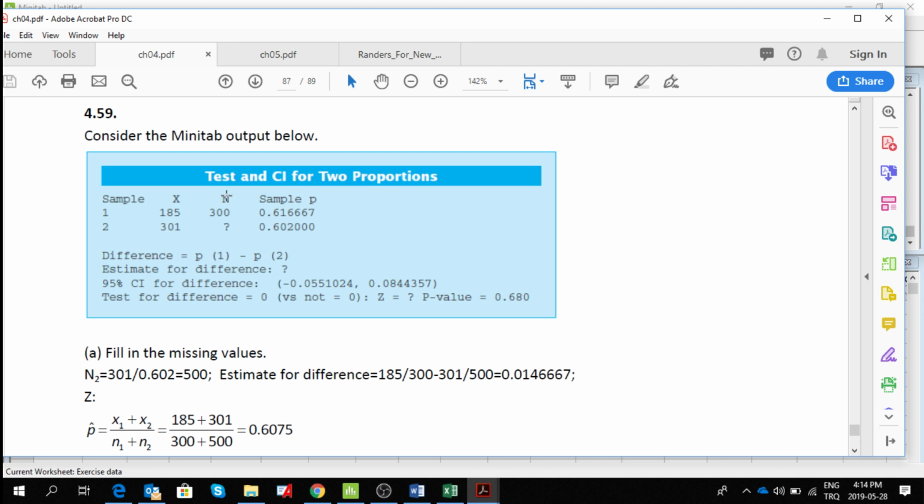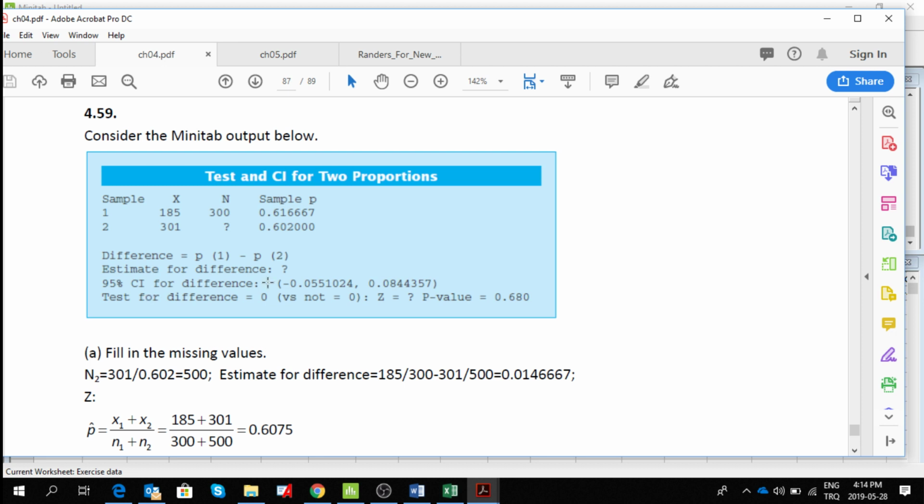Here n is the size of sample 1, which is 300, and for sample 2 it's a question mark, which can be found by just dividing 301 by this. Okay, and then the difference is p1 minus p2. We will estimate the difference, and this is a question mark.